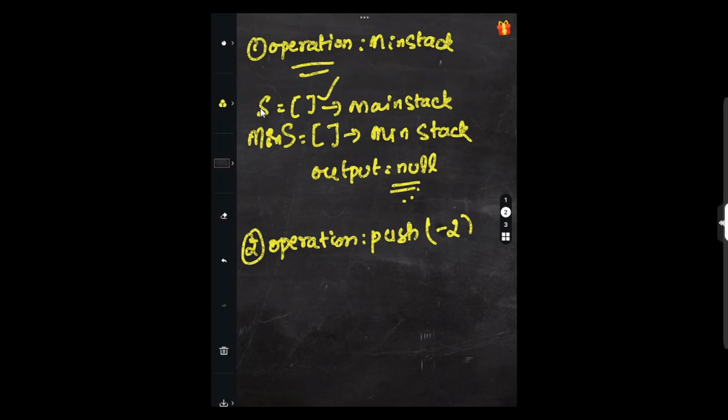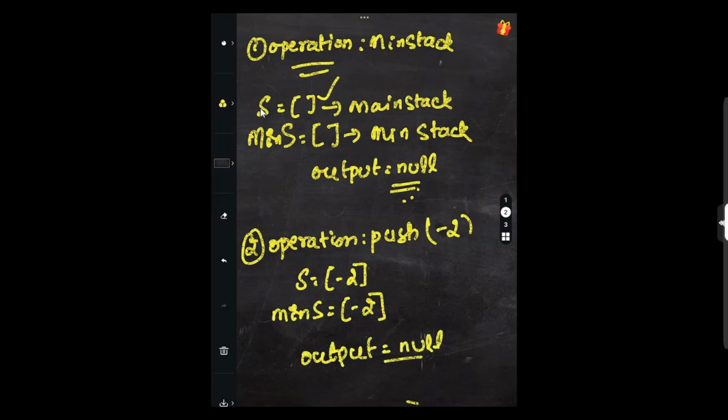Now the main stack will be -2. And we are also adding -2 to the minimum stack as well. The return value is void as they had mentioned, and the output will still be null here.